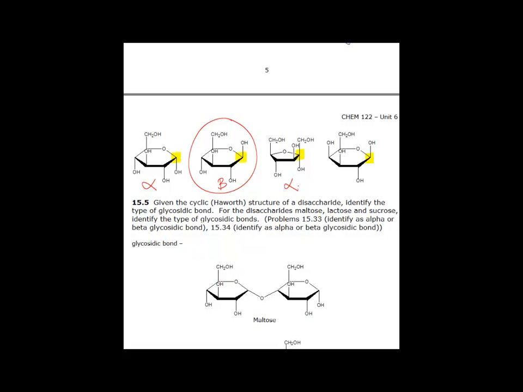And then the last one, the OH on the anomeric carbon is pointing up, so this is beta. So given a Haworth projection, you are to identify whether it's alpha or beta, and the easiest way to do that is to identify the anomeric carbon, the carbon that bears two oxygens.